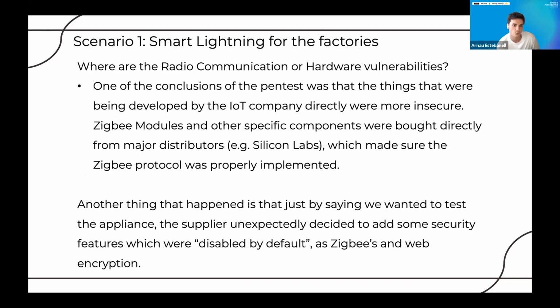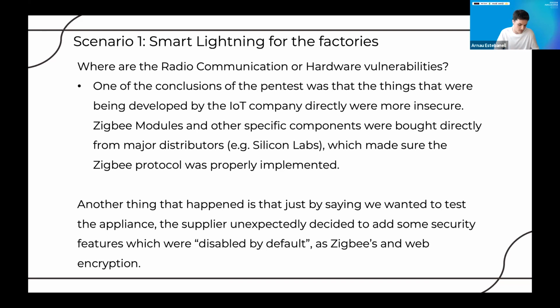So you're going to wonder, where are the radio communication and hardware vulnerabilities? One of the conclusions of the pen test and of the work that we have been doing internally is that usually the company commercializing a service like this, Smart Lighting for example, builds the web page, can build the mobile application if there's one, builds the server where everything is going to happen, but doesn't build the Zigbee modules.